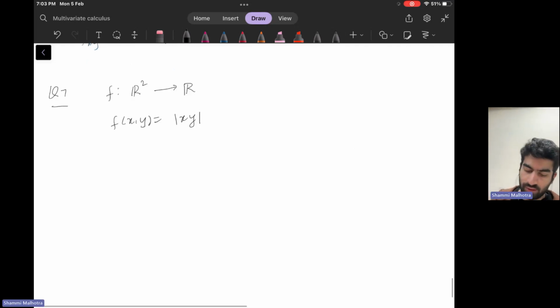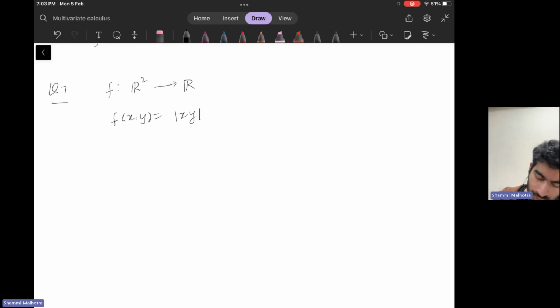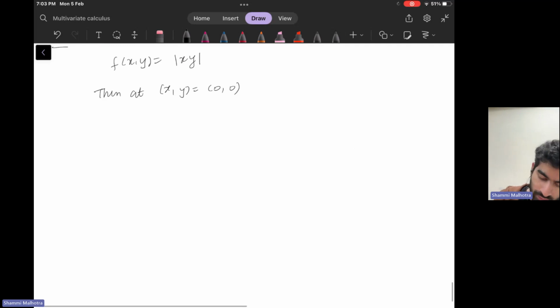Then what I have to do is, at xy equal to 0, 0, I have to check whether these things are correct or not. So f is not continuous.